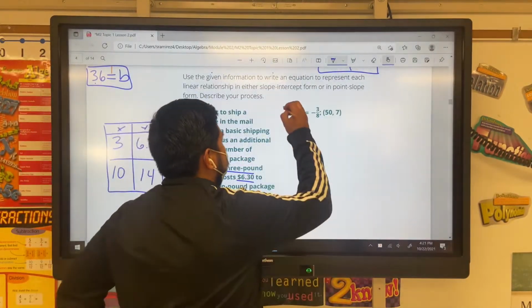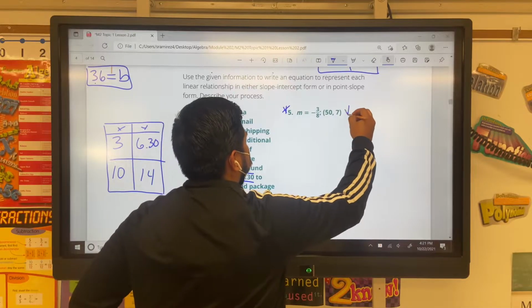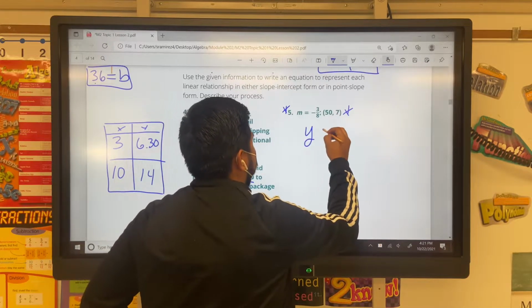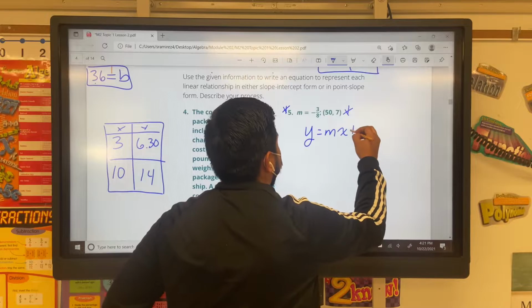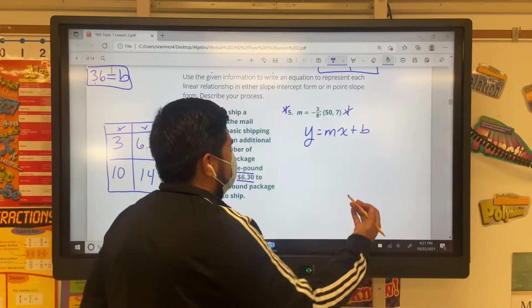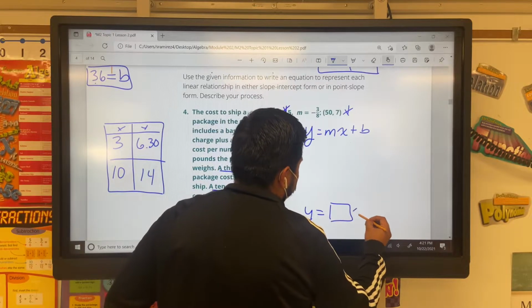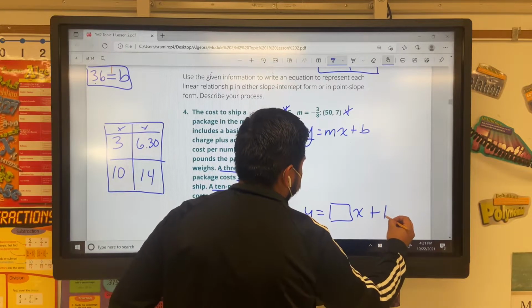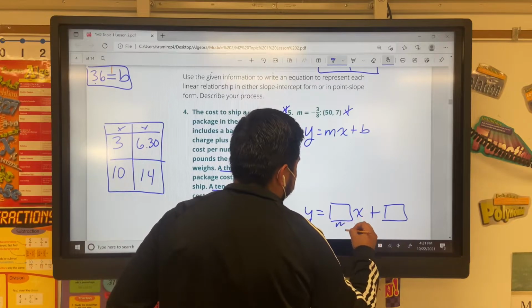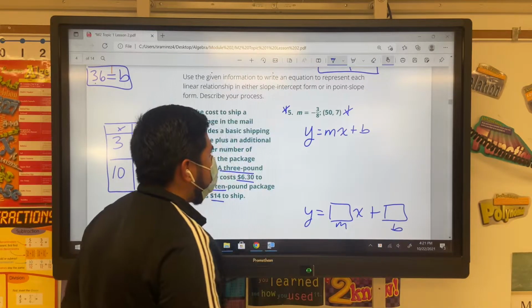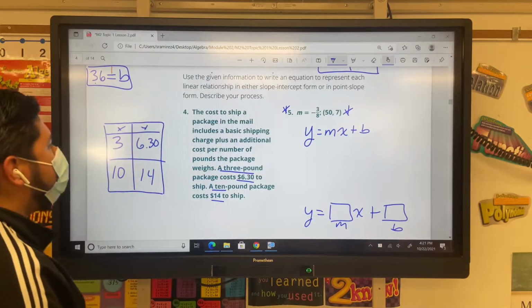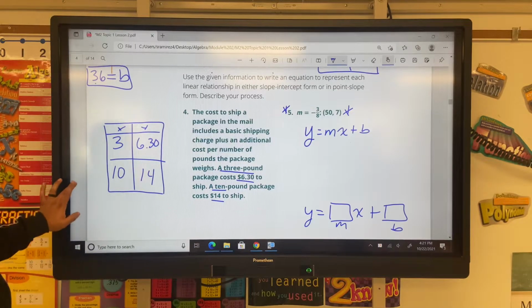This fraction one is actually very difficult, but you're using y equals mx plus b. Solve it so you can get y equals blank x plus blank, m and b. Here we go.